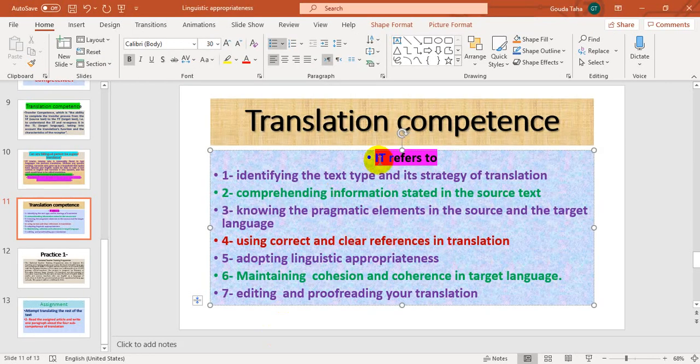So in translational competence, again, we identify the text type and its strategy, literal translation, and we make use of comprehending the information, المعهد البريطاني, not المجلس البريطاني, and the pragmatic aspects, and the reference, هستخدم هم ولا استخدم هو.